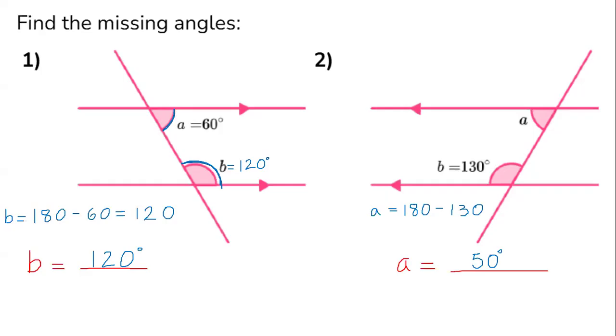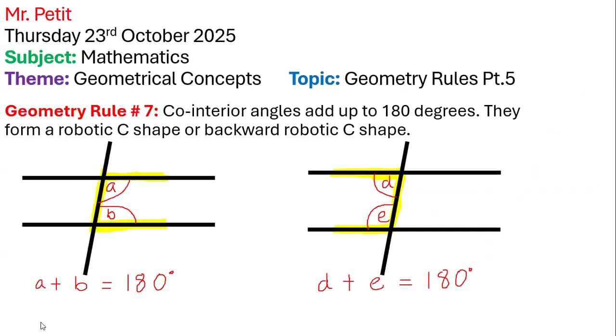Mr. T, I have a question. Go ahead. Why do we subtract? How do we know to subtract? Very good question. Because remember, the rule tells us that these two angles have to add up to 180 degrees. So if we know what one is, all we need to do is subtract to get the other one.